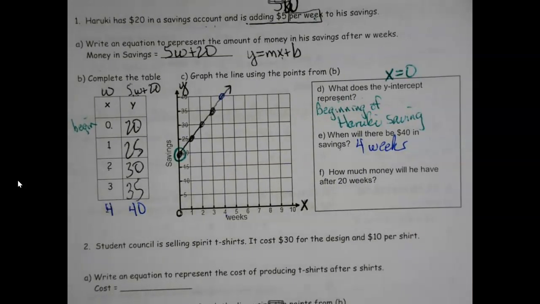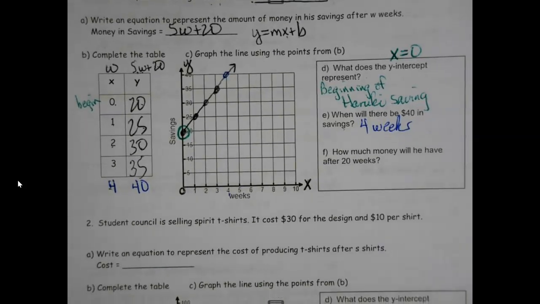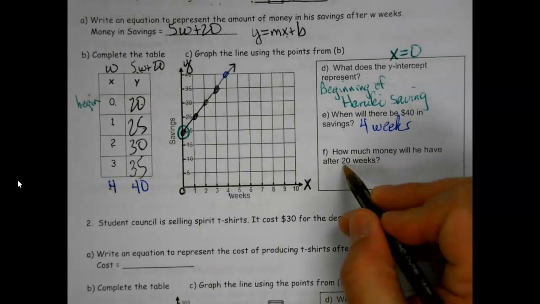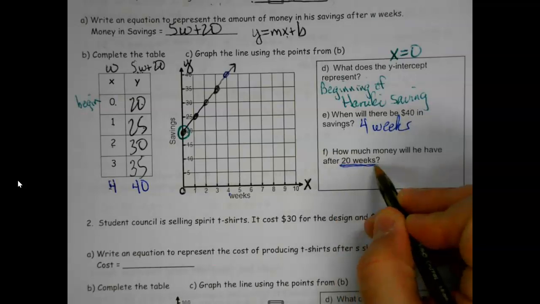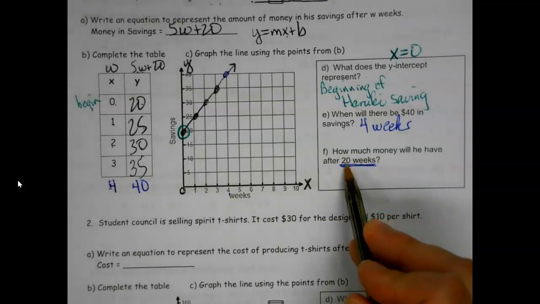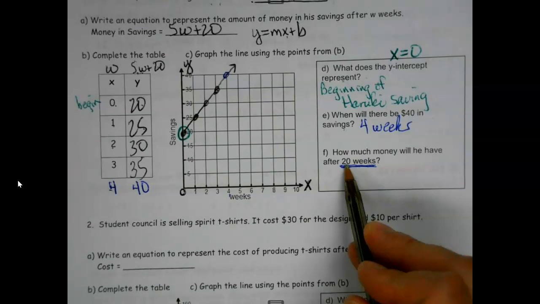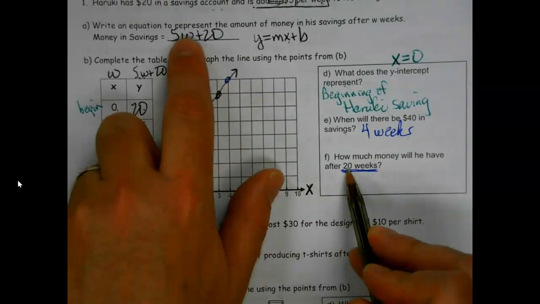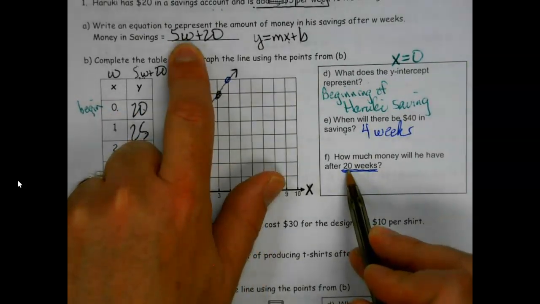Now, I don't think the graph might help us as much on this next one, though. How much money is he going to have in 20 weeks? What's a way I could go after that? Because the graph is not going to be big enough for me. What's that 20 represent in my little equation here? My weeks.